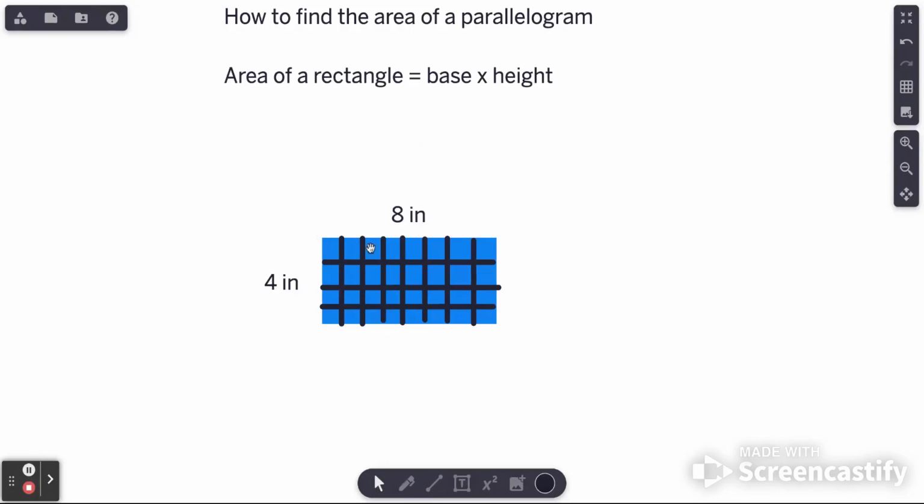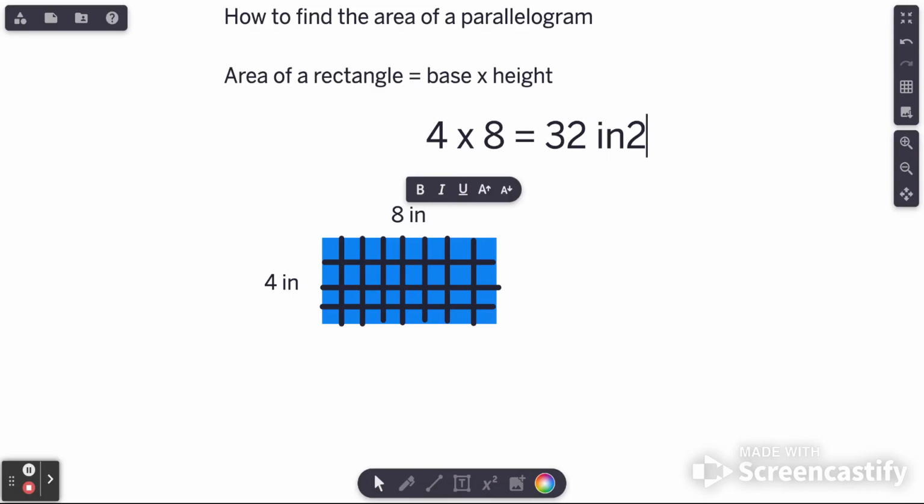In this case, it would be 4 times 8, which is equal to 32. And because this is area, this would be inches squared, or square inches.